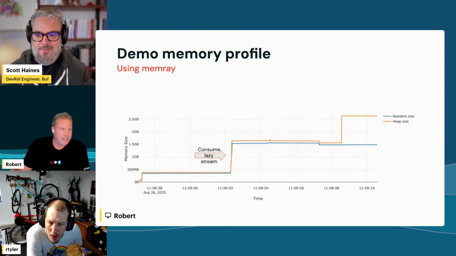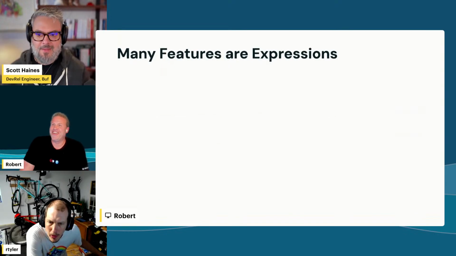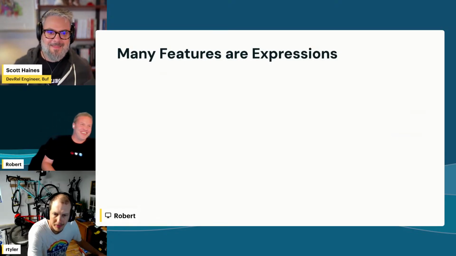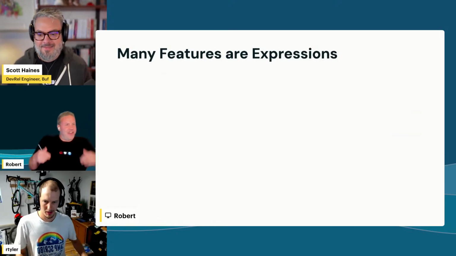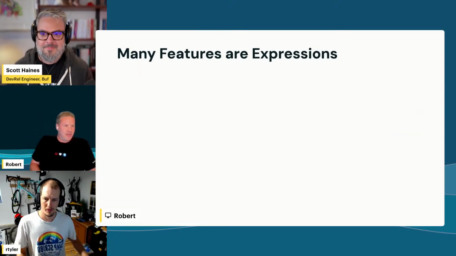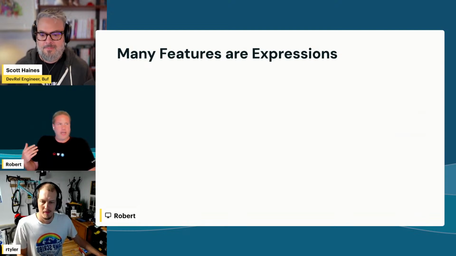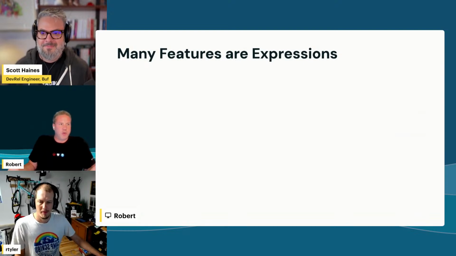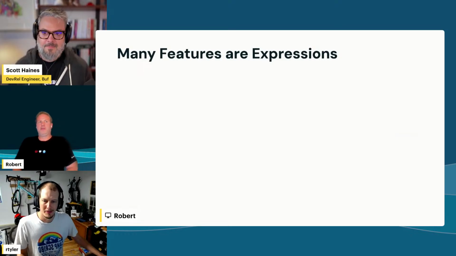So let's see if we can get closer to actually talking about what this is in kernel. If you remember, the question is, how can we make open table formats composable, not more accessible?